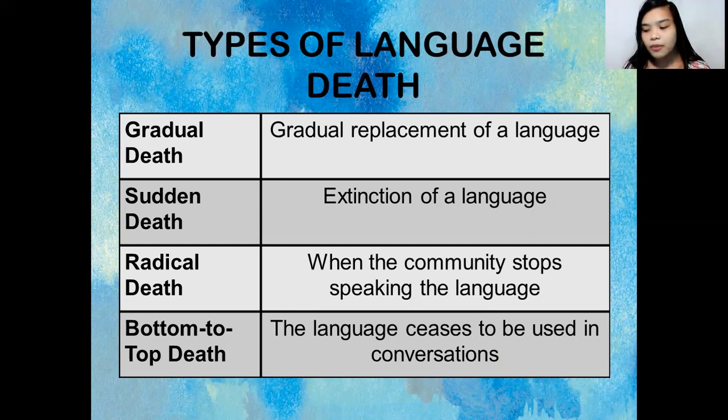For example, I don't know how to pronounce this, but it is spelled Tzeltal. It is a language that is not being used in conversing because not all people are able to understand it. That is why it is considered language death.